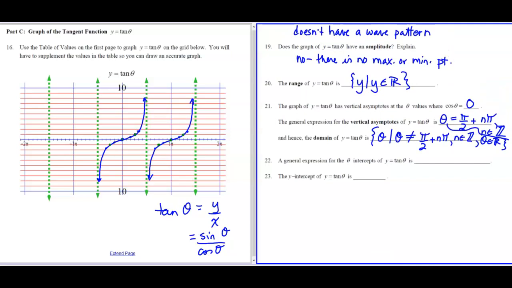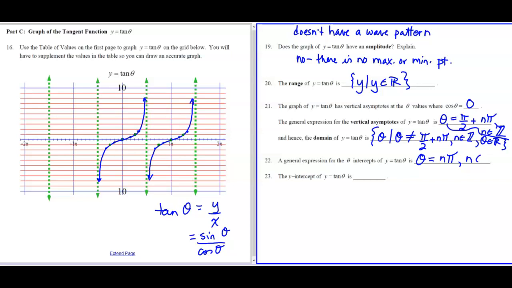Okay, now the theta intercepts of these graphs, that's really where sine is 0, right? And so that is 0, pi, 2 pi, etc. Those were the intercepts that we did for sine. So that one's a little bit easier. So theta intercepts, theta equals n pi.